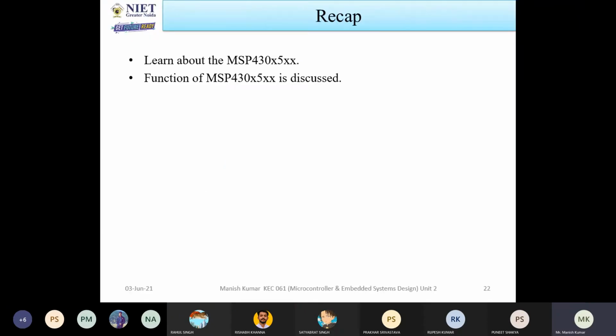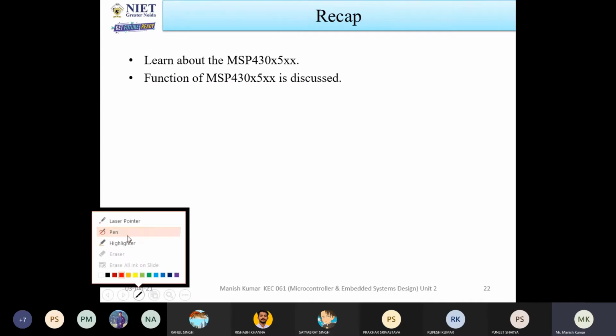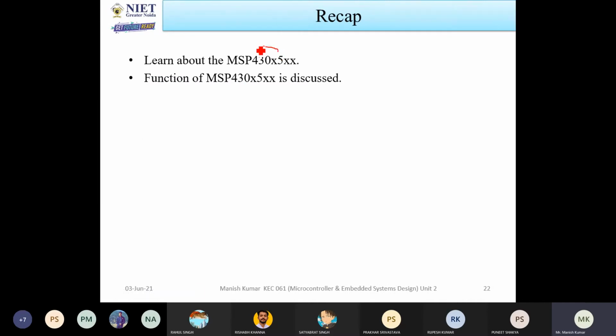So in the previous lecture, I discussed the MSP430X5X block diagram, and then I discussed the functional block diagrams of MSP430X5X. I discussed the block architectures of MSP430X5X and the various components available on that particular microcontroller.